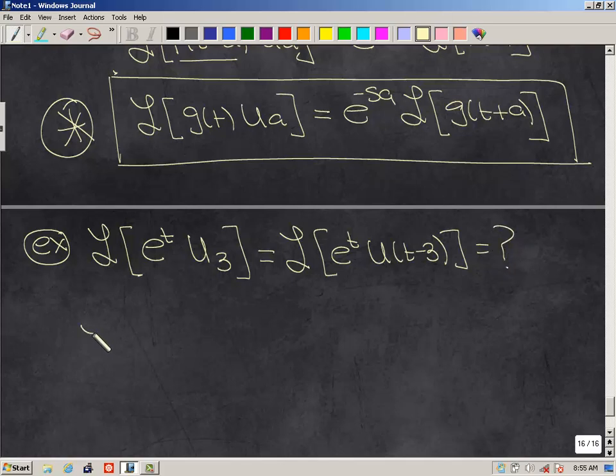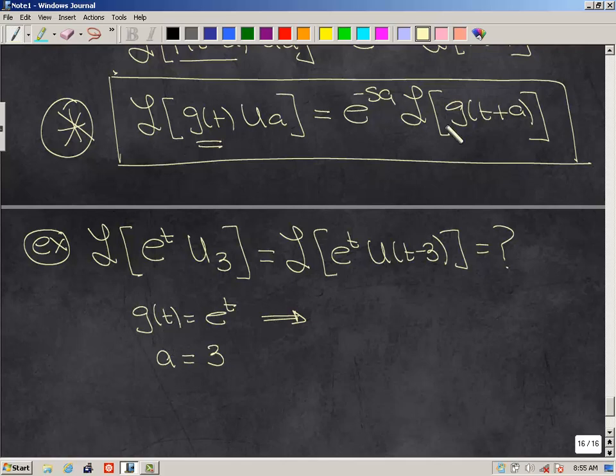So let's do that. This is like my f of g of t. Let me write down: my g of t is equal to e to the t, and my a is equal to 3. So what does that give me?